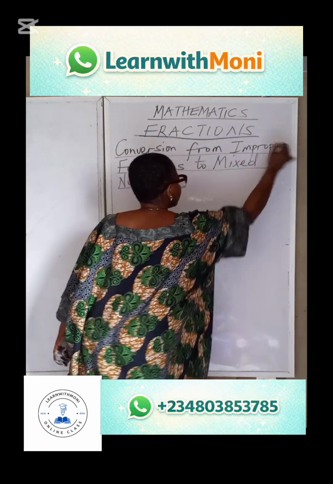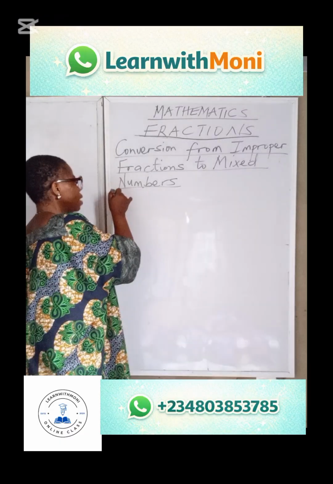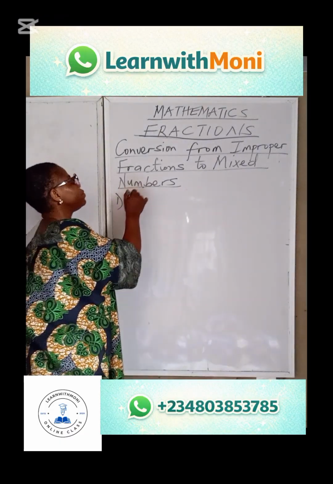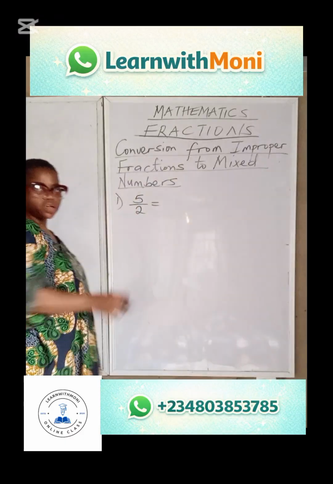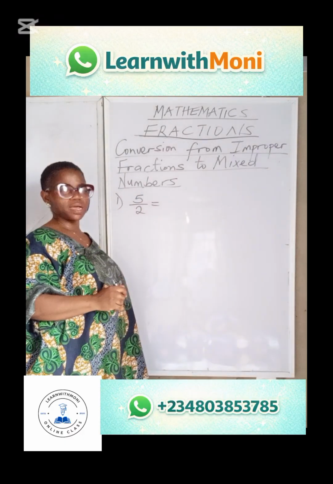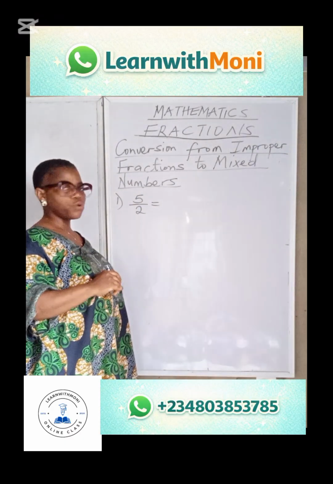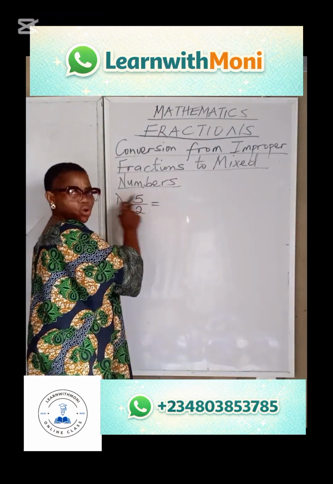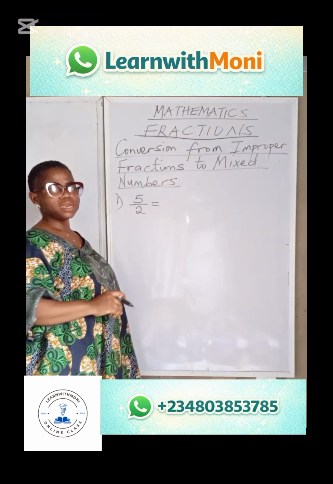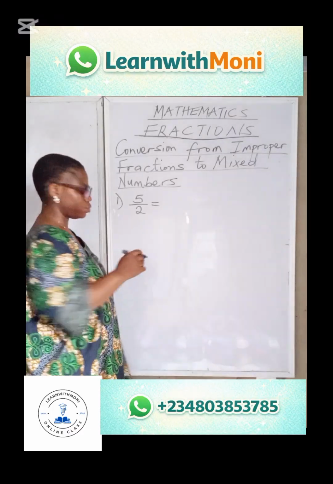Let us take this conversion. For example, let's say I have 5 over 2. Because this is improper, the smaller one is carrying the bigger one, is improper. We would like to convert. This sign you see here, this line that we call over, is the same thing as division.